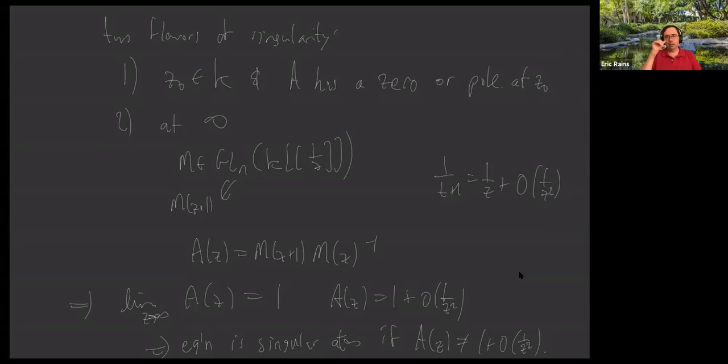Basically you just start with anything and try to solve the equation, and as long as this condition is satisfied, you can solve order by order and you get a full basis of solutions. This is basically the same kind of thing you would do for the power series method for solving linear differential equations. Okay, so these are the two flavors of singularities of an ordinary difference equation.